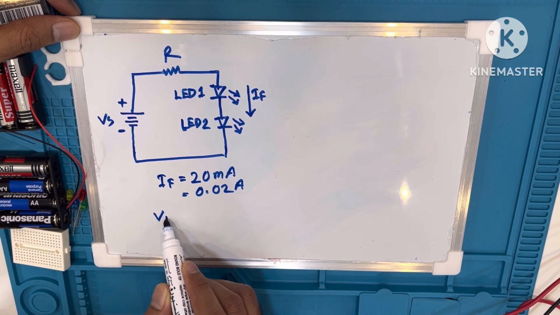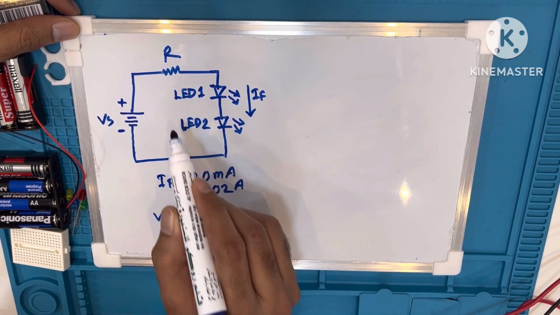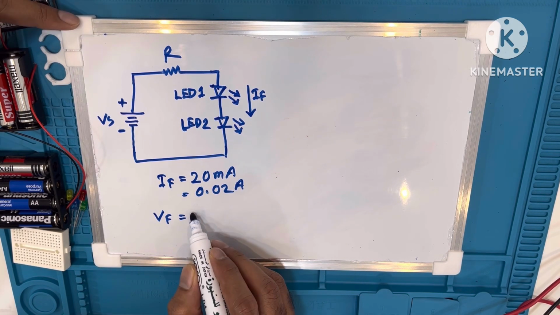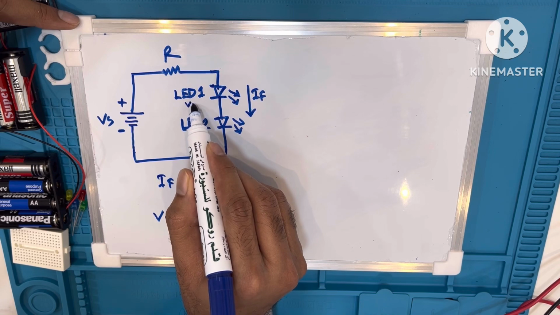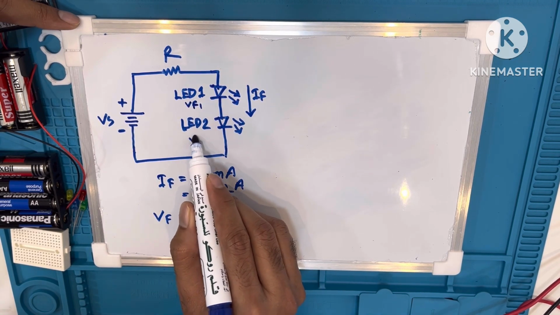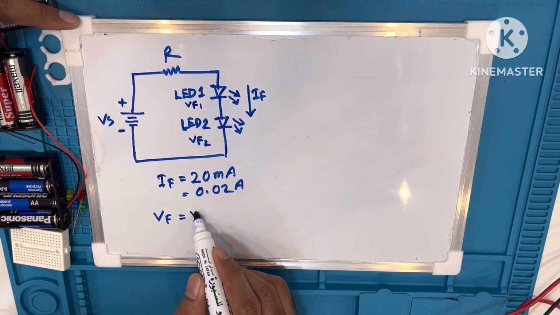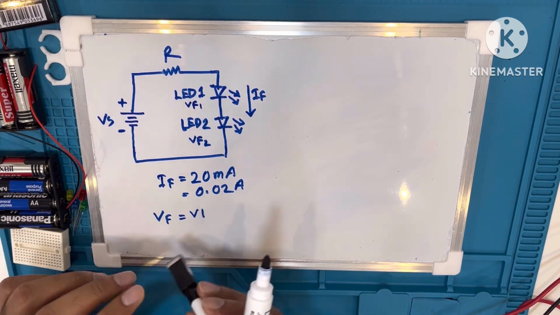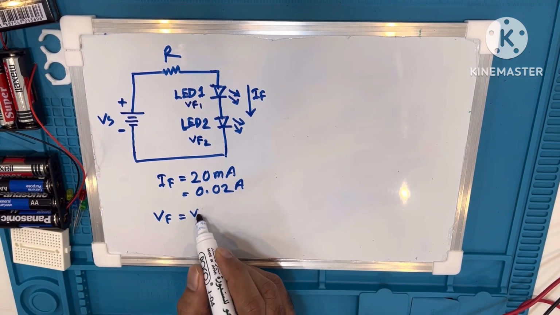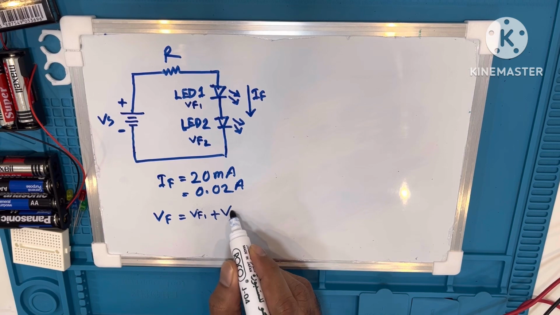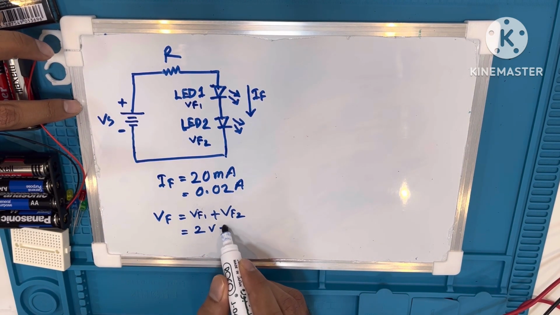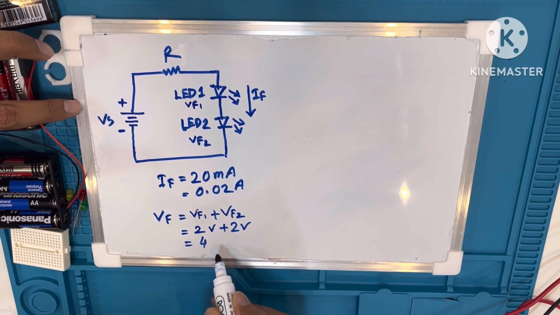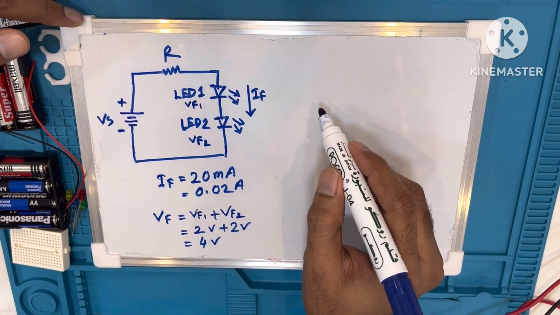The forward voltage of the circuit will be the summation of the forward voltages of the two different LEDs. So let's say for the first LED the forward voltage is VF1 and for the second LED it is VF2. So the forward voltage of the circuit will be VF1 plus VF2. As we are considering the forward voltage is 2 volt, it will be 2 plus 2, which is 4 volt.